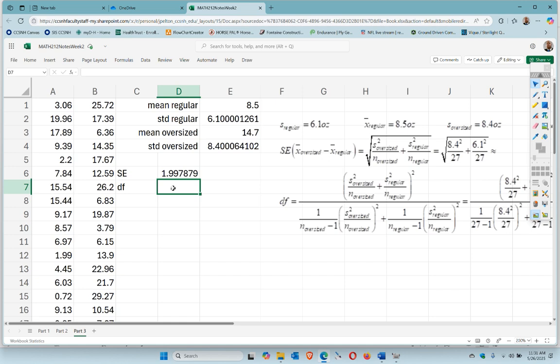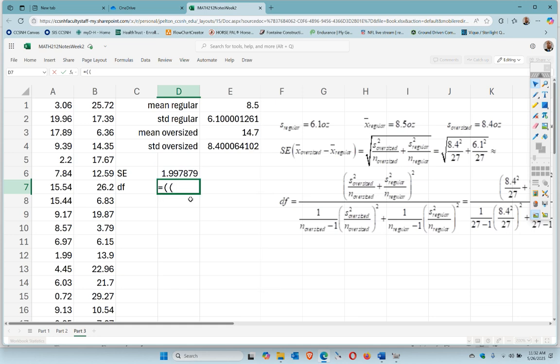Okay, so degrees of freedom, this one's going to be tough. You know what, let's just do it. So equals, all right, numerator. So what I really have is the standard error squared, because that's what this piece is right here, essentially. Oh no, it's not, because the square root you have to get rid of, so I can't really do that. All right, so I have to kind of recreate the wheel here.